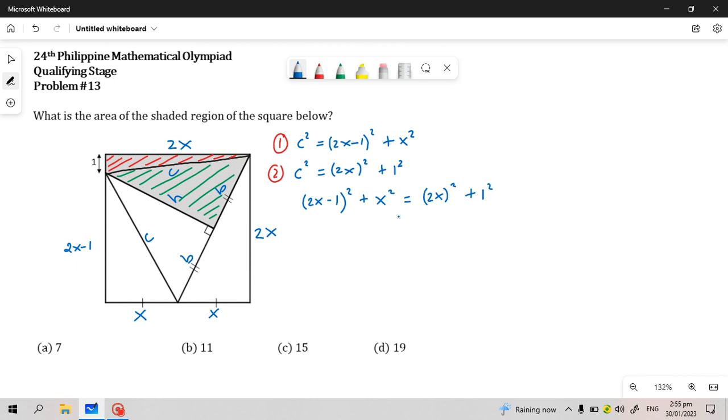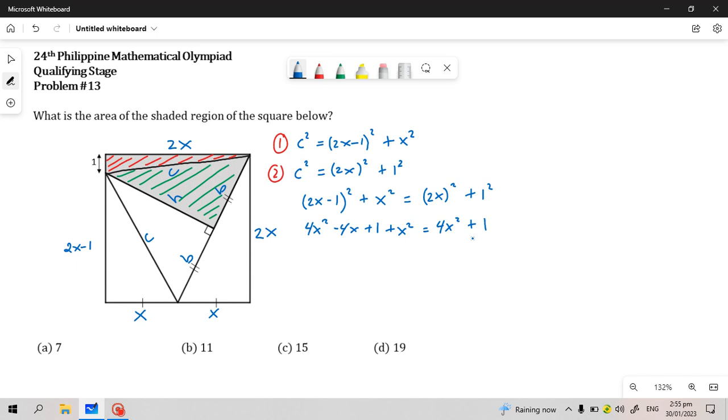Now solving this equation, we have 4x squared minus 4x plus 1 plus x squared equals 4x squared plus 1. Now, if we gather like terms, we can actually cancel some of the terms.